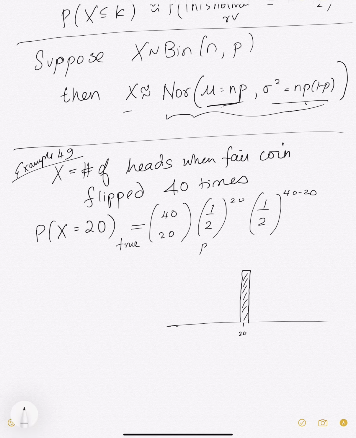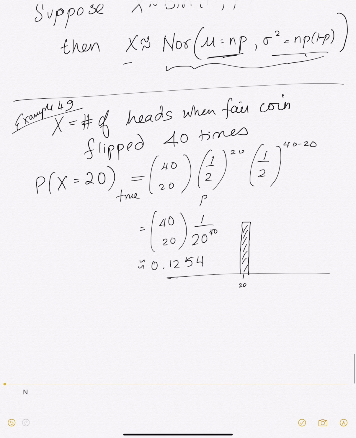So that is 40 choose 20, 1 over 2 raised to 20 times 1 over 2 raised to 20. So that's 1 over 2 raised to 40. And this turns out to be approximately 0.1254. Okay, so when you punch these into your calculator, 40 choose 20, 1 over 2 raised to 40, you'll get approximately 0.1254. Now let's use normal approximations.